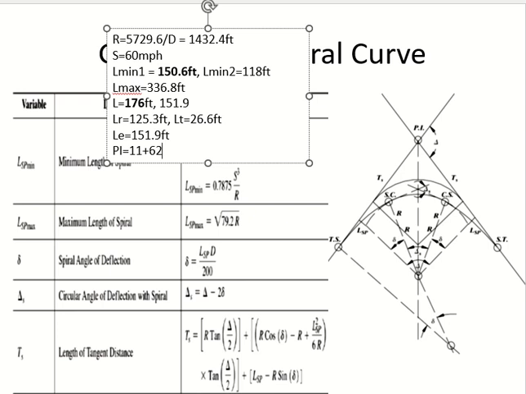Then I have a small delta somewhere here. Small delta will come from this equation. D is the degree of the curve, 4. This is 176. So how much is small delta here? And the full delta was given as 38 degrees.